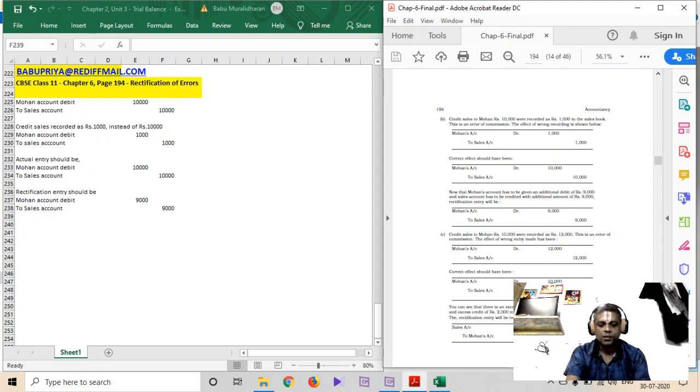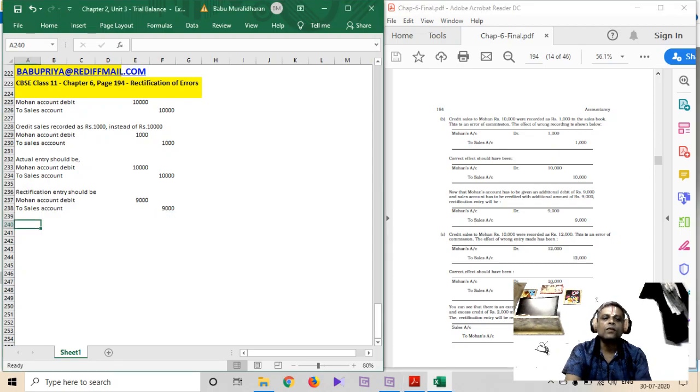Okay. Credit sales to Mohan, 10,000, were recorded as rupees 12,000. This is an error of commission. Let's take credit sales of 10,000 that has been recorded as 12,000.